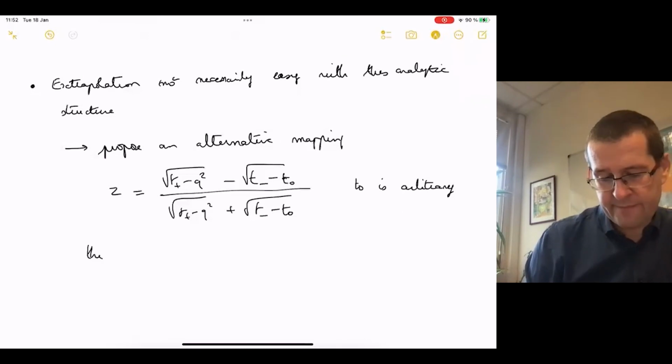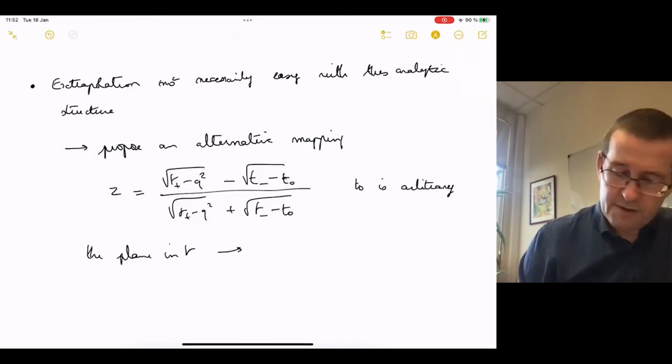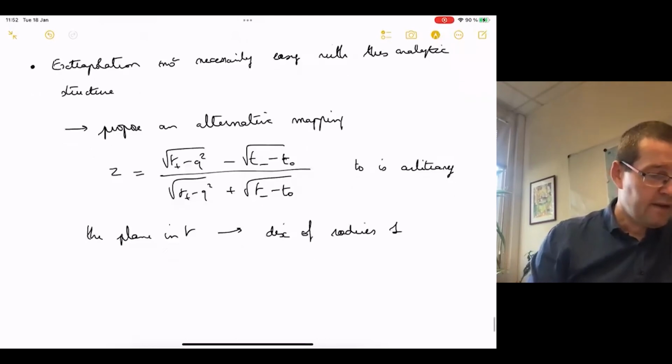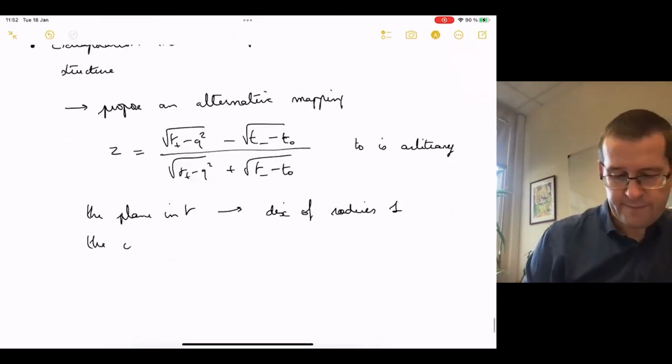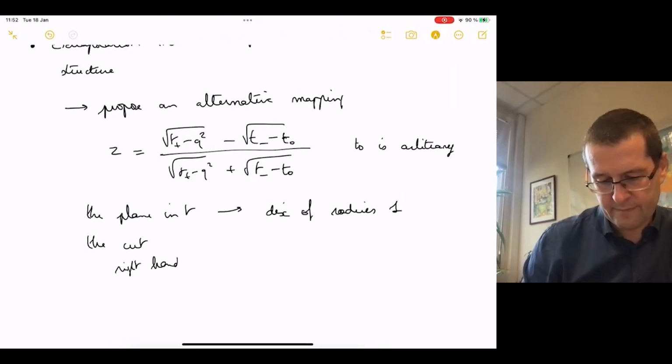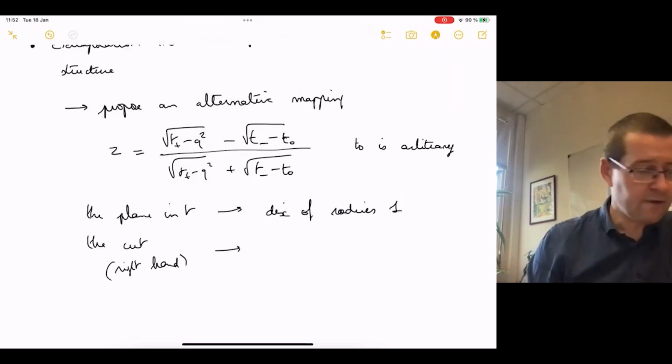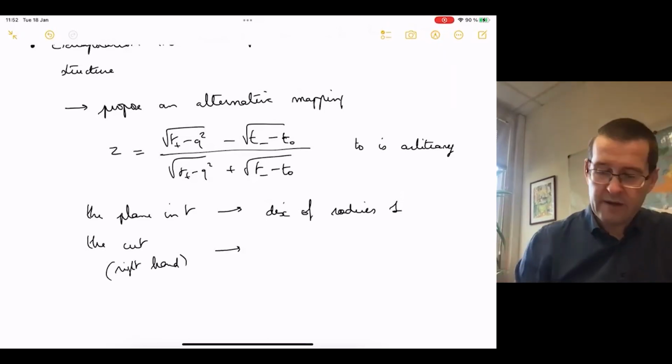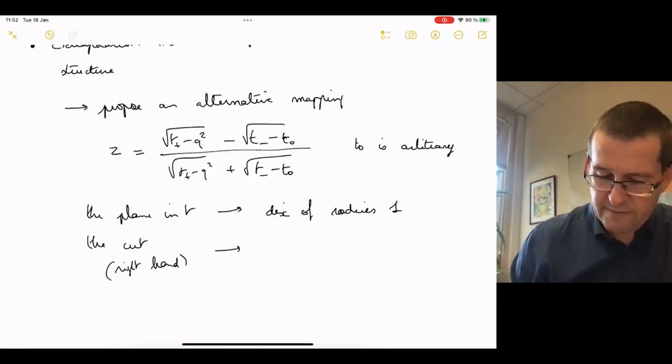So the plane in t is mapped into a disk of radius 1, and the cut on the right hand is actually pushed to the circumference.